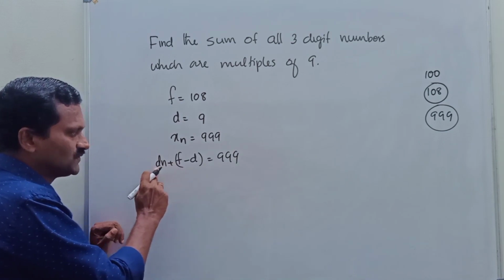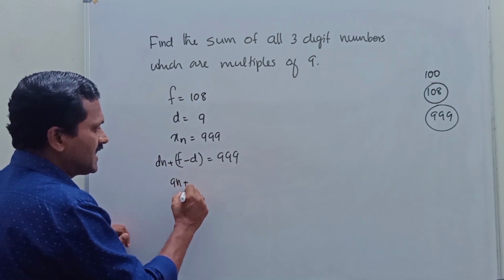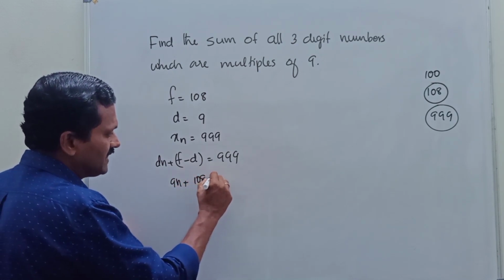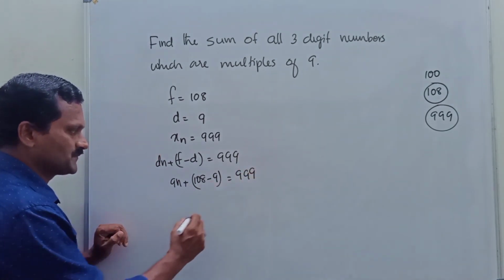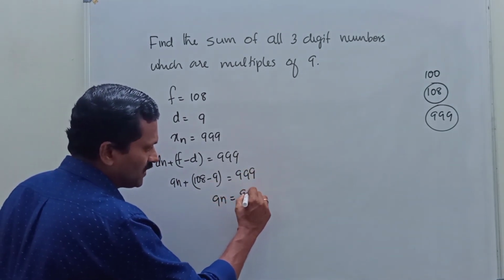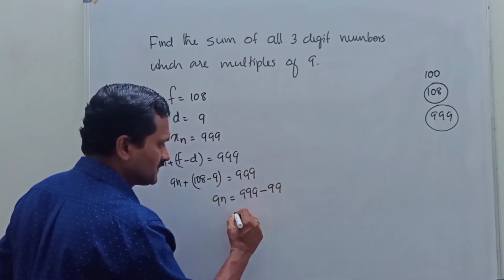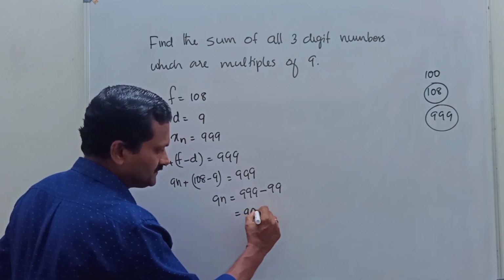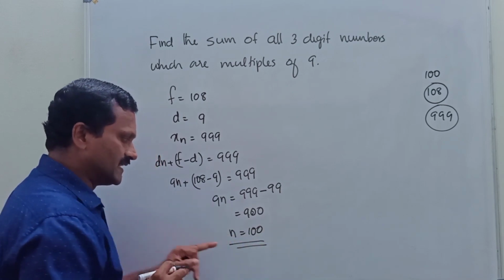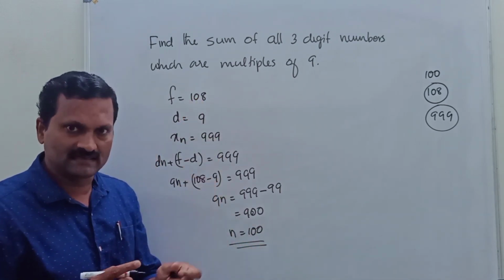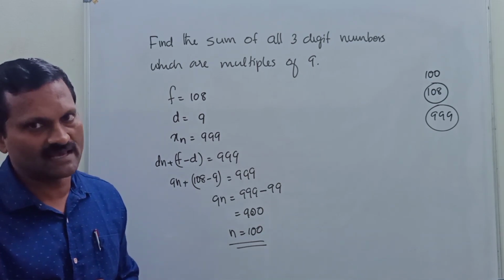Substitute the values for d and f: 9n plus 108 minus 9 equal to 999. That is 9n equal to 999 minus 99, that is 900. Therefore, n equal to 100. That is, there are 100 three-digit numbers which are divisible by 9.